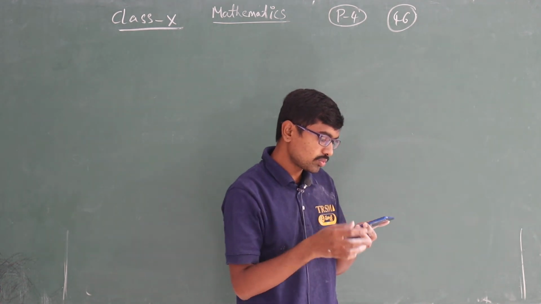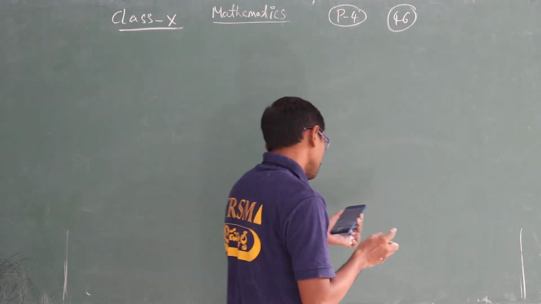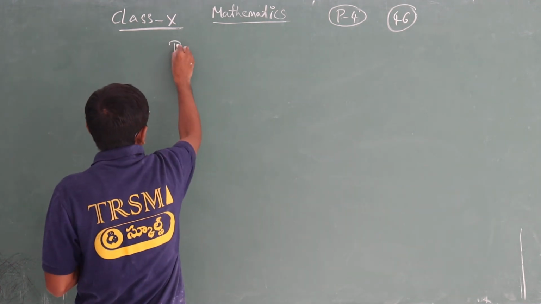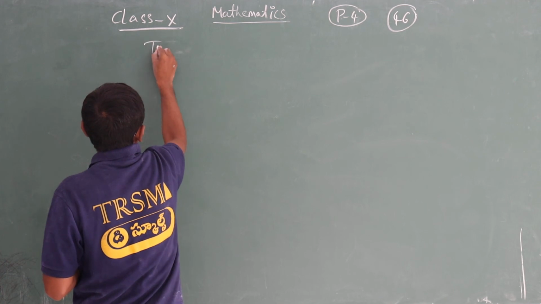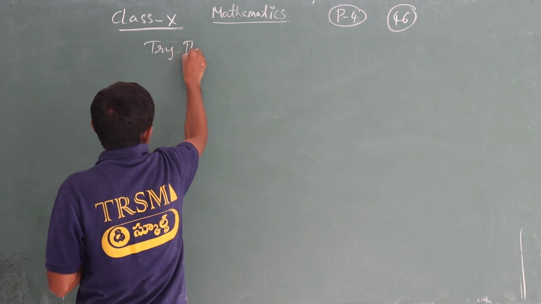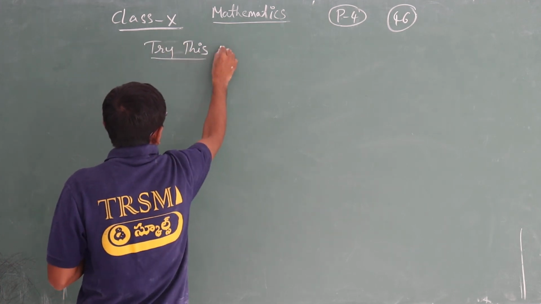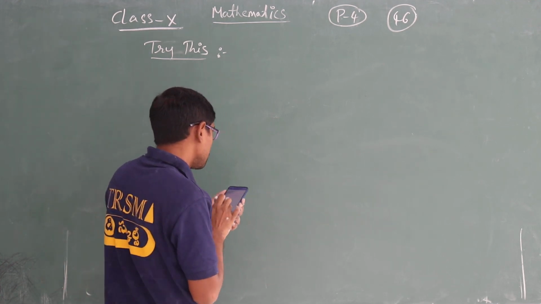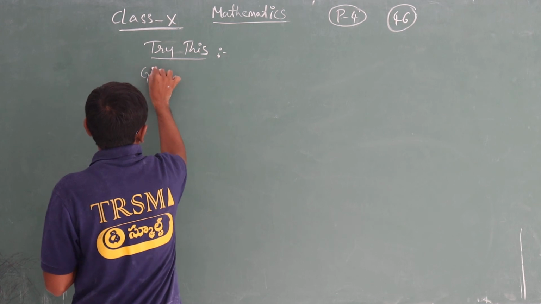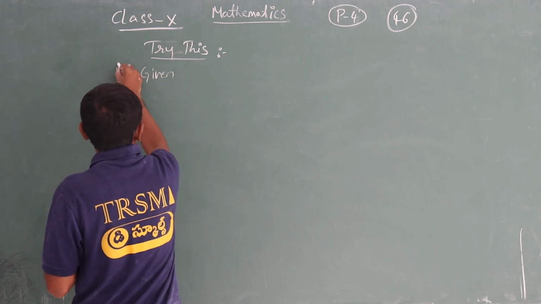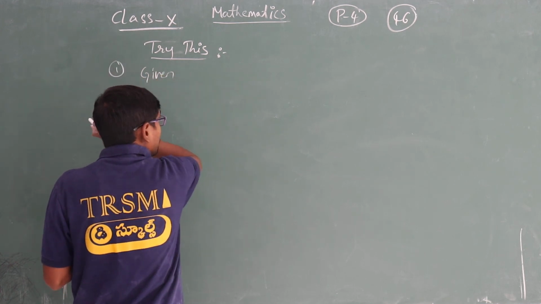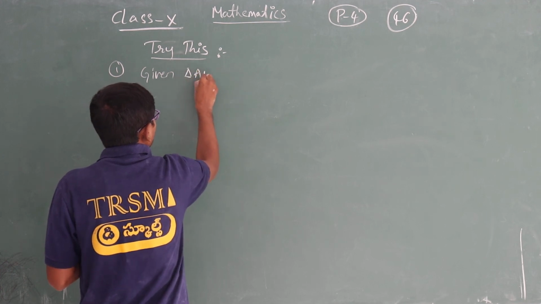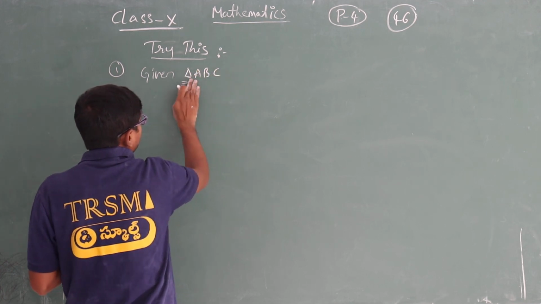Here we have one more question, that is try this. Same page number we have. The question is, in a right angled triangle ABC, this symbol represents a triangle.